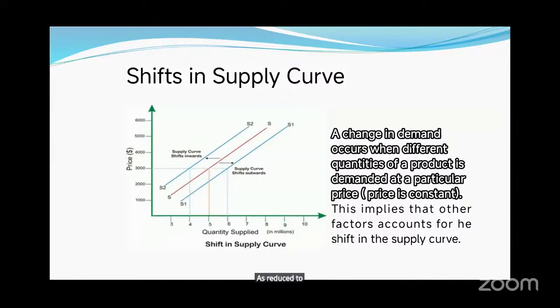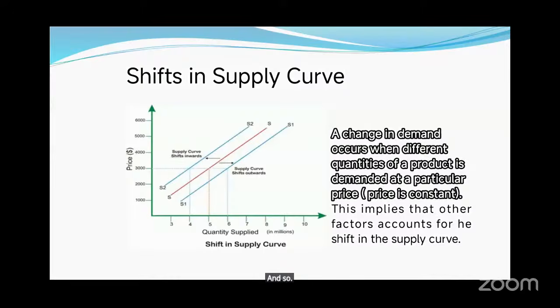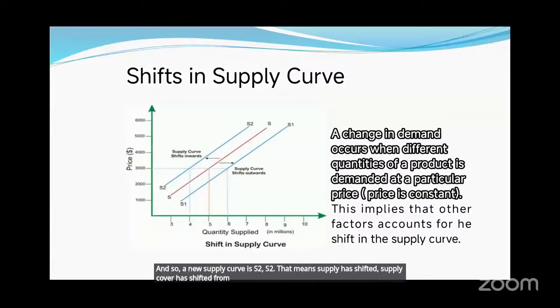You can see that from the graph if you trace it. The price is $3,000, showing that price is constant, but the quantity supplied is now 4 million. And so our new supply curve is S2. That means the supply curve has shifted from S to S2.